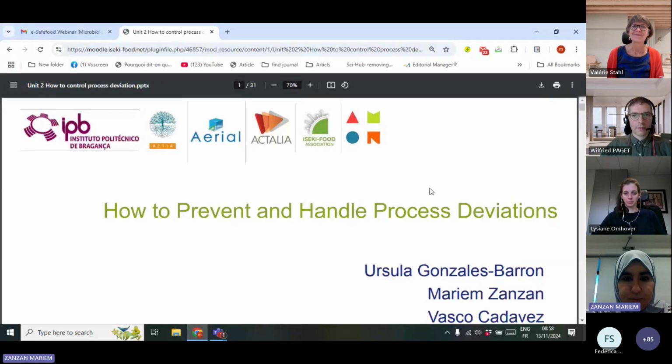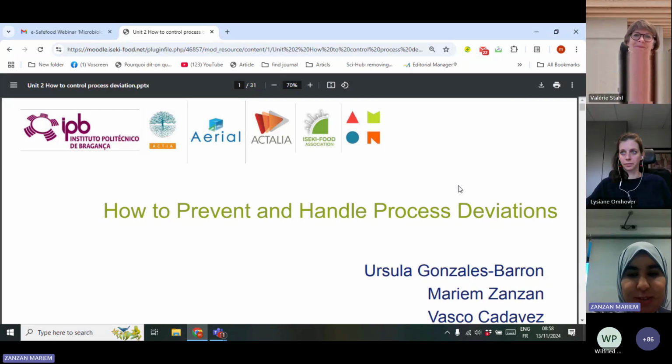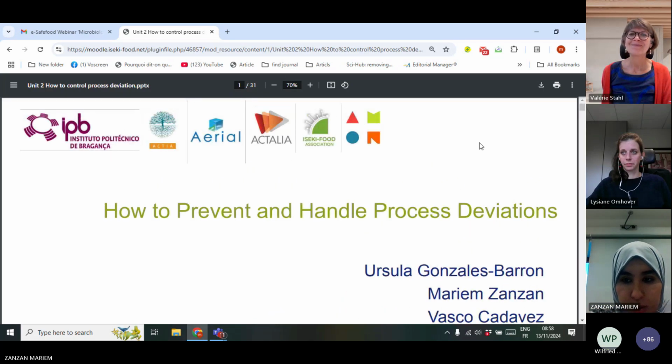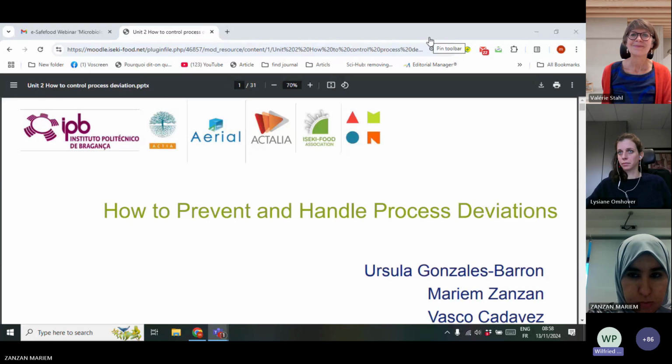Can you see my screen? Yes, it's okay. First of all, if you could try to put it full screen, because we don't see the screen at the bottom. It might be this icon, 70% pressed. Then there is this symbol to enlarge on the gray line.